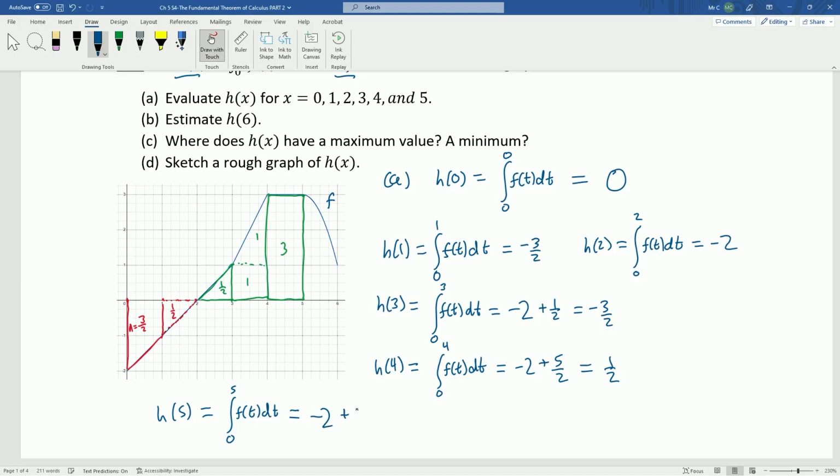So 5.5, that's 11 halves. So -2 plus 11 halves is 7 halves. And finally, for part B, we're just going to estimate h of 6 because the last part of this graph is not exact.